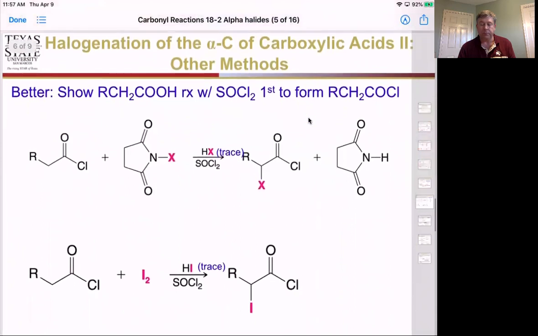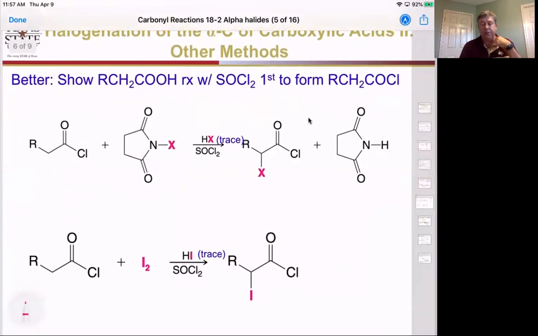Okay. We can also generate this kind of compound using the acid halide, and because we don't work up the reaction in water, we can maintain that acid halide while still generating an alpha halo compound. So in this case, we'll start with an acid chloride that we all know and love, and then this is what we call a succinimide, where we can have a halosuccinimide here.